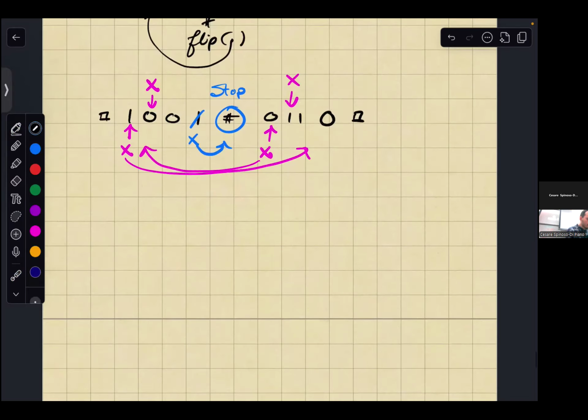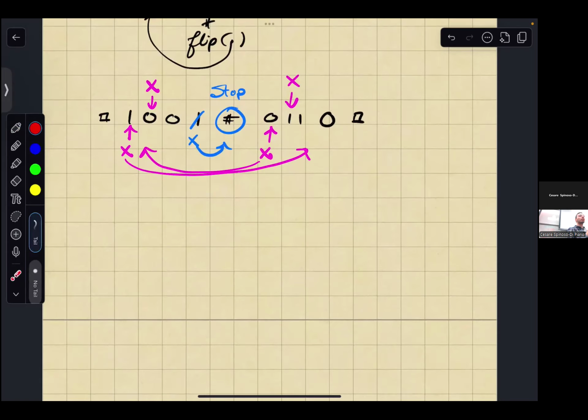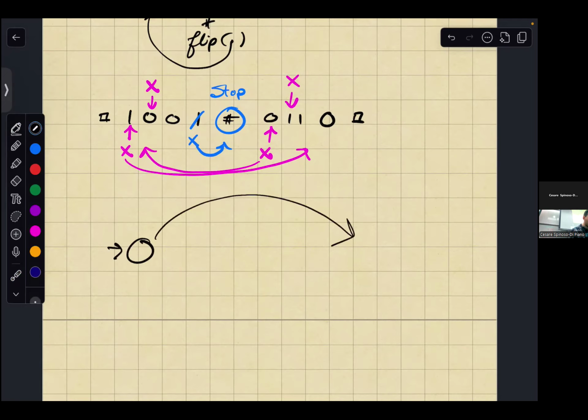Now, because I have two different logics based on whether I'm reading a 1 or a 0, that tells me I'm going to have two branches in my Turing machine. I'm going to start by drawing the start state. From the start state, I'm going to have the logic of: I see a 1, so I look for a 0.